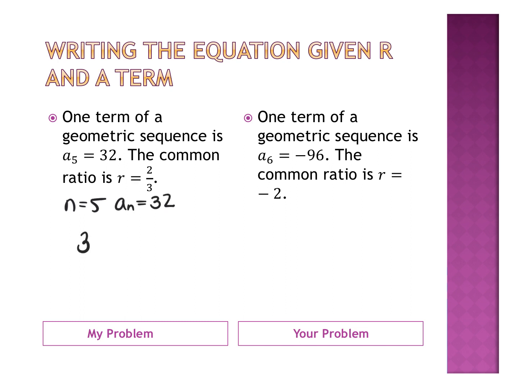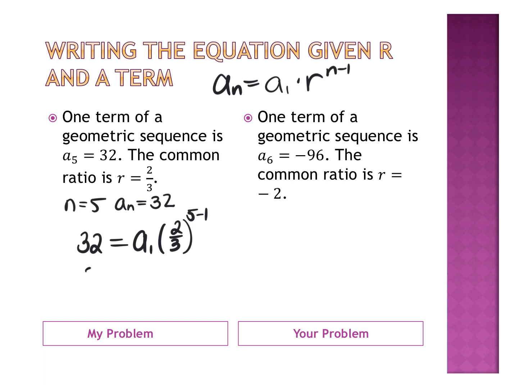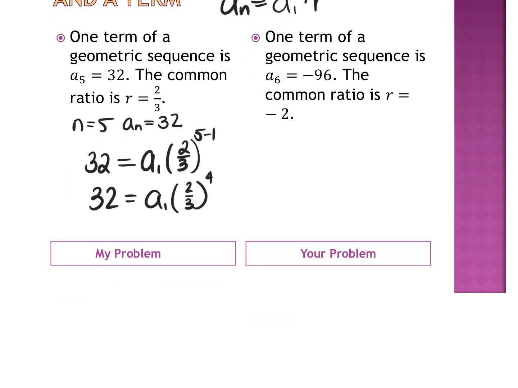So I'm going to plug in 32 for an. Remember that formula, a1 times r to the n minus 1. So 32 equals a1, r is my 2/3, and then n is 5, 5 minus 1. So 32 equals a1 times 2/3 to the 4th.